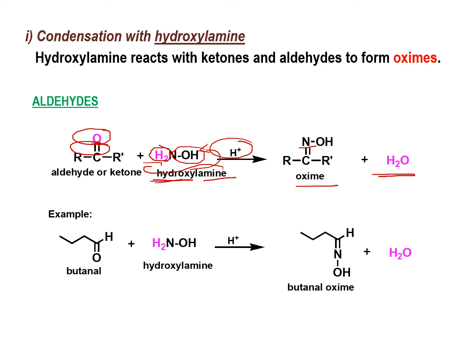Okay, for example, we have butanal react with hydroxylamine. The oxygen will form H2O with the H2 from the nitrogen. So the nitrogen just replaces the oxygen place, so it becomes butanal oxime.